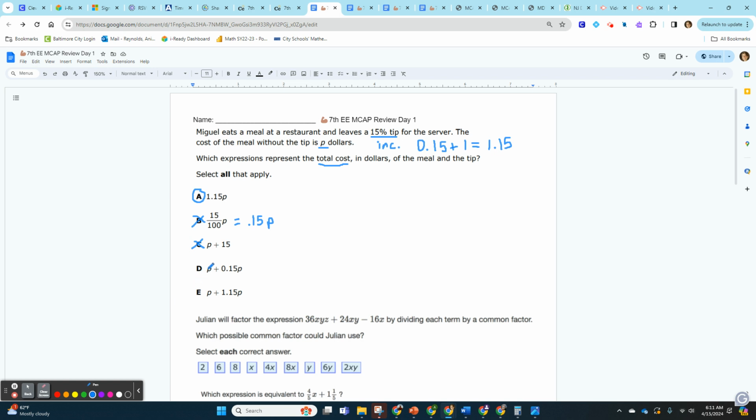Down here, if we add p to 0.15p, that would be 1.15p. We can add them because they both have p, so this would also be correct. Down here, we can combine these, but this is saying the total plus, so 1 plus 1.15. This would be 2.15p, which would be way too much, so this is also not a correct answer.